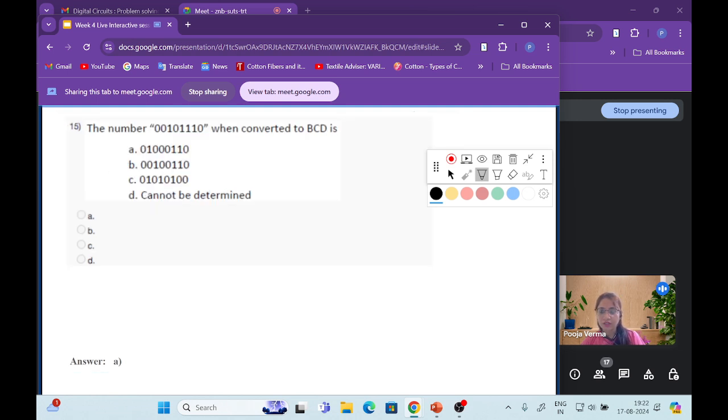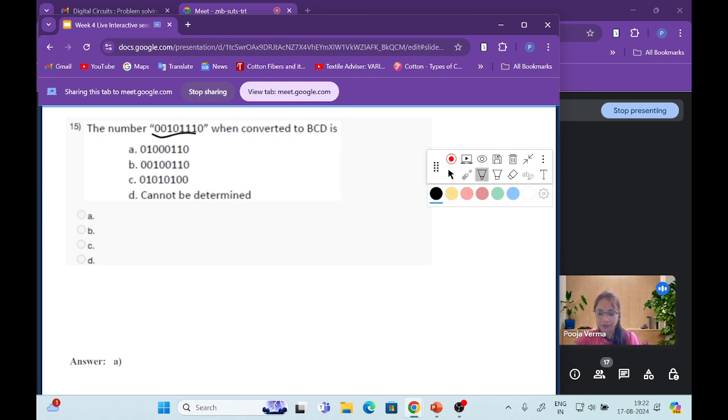The next question is, the number 0010 1110 when converted to BCD, what is the BCD conversion of this number? So how are you going to convert it? Firstly, what is the decimal equivalent of this number?